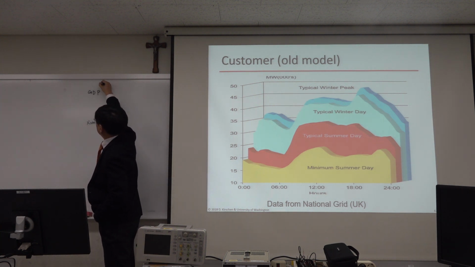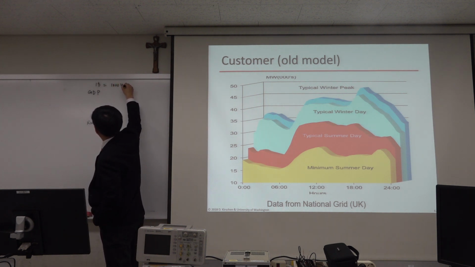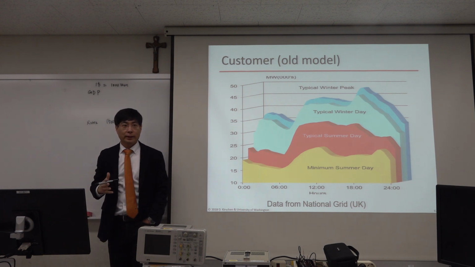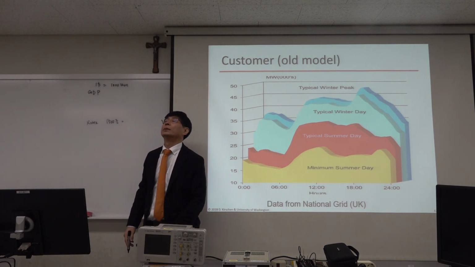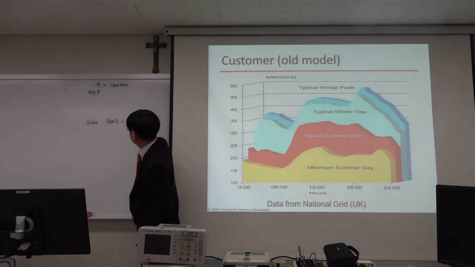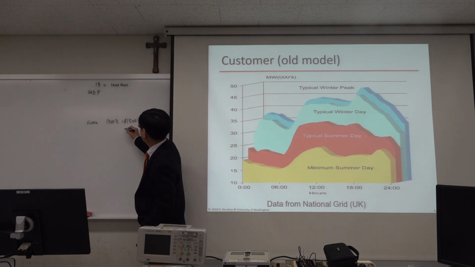So let's just assume that $1 is 1,000 won for simplicity. Okay, so this means $1.5 trillion.